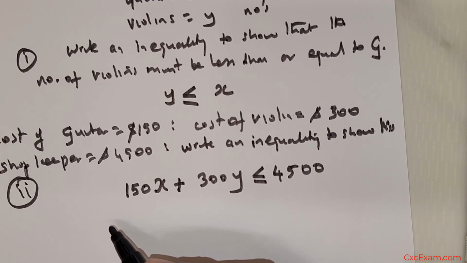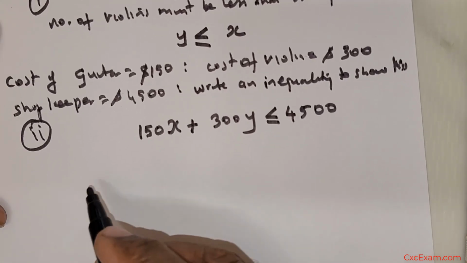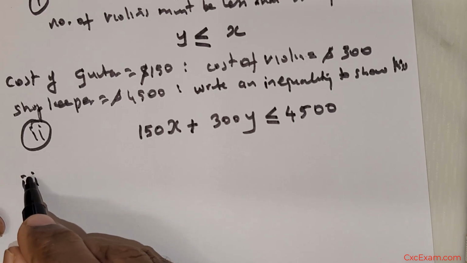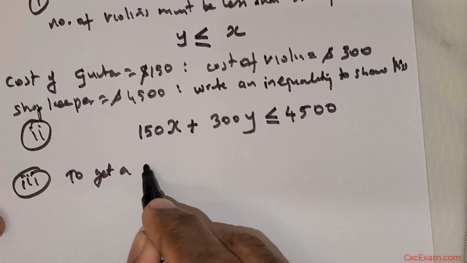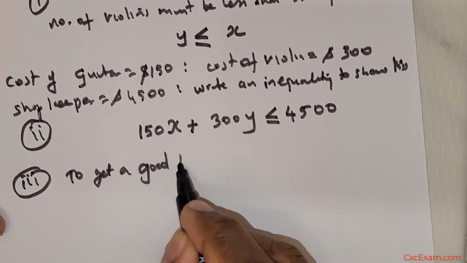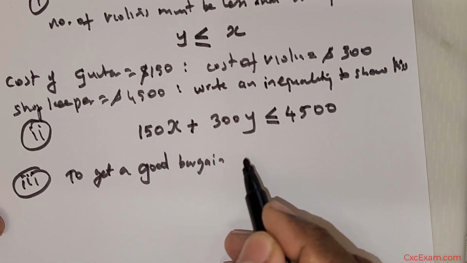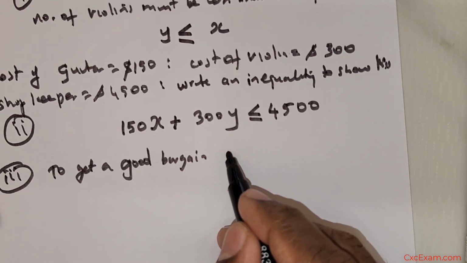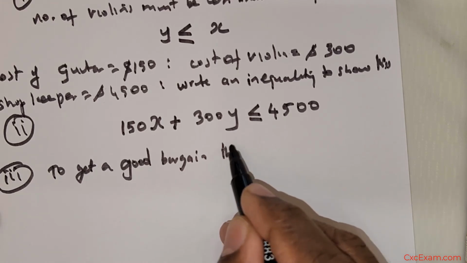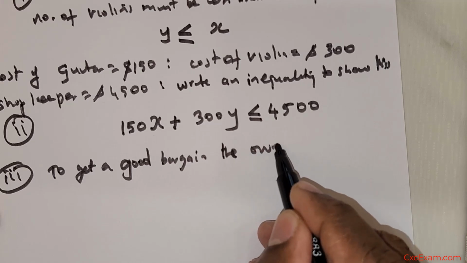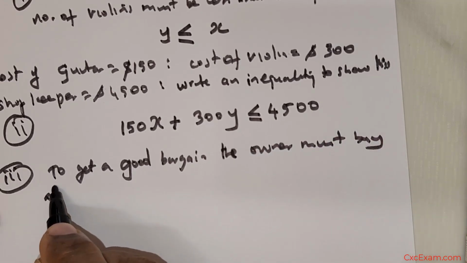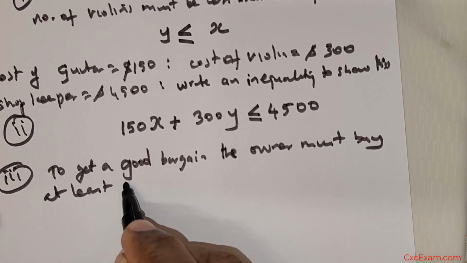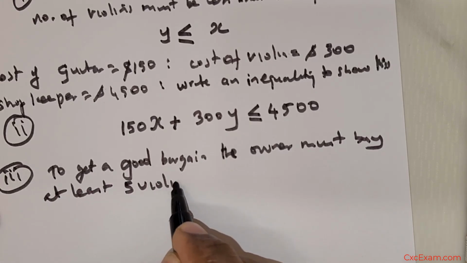Now the next part is write. So this is the third part. To get a good bargain, the owner must buy at least 5 violins.